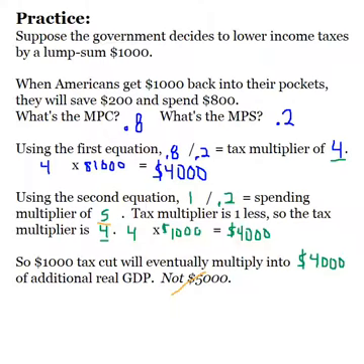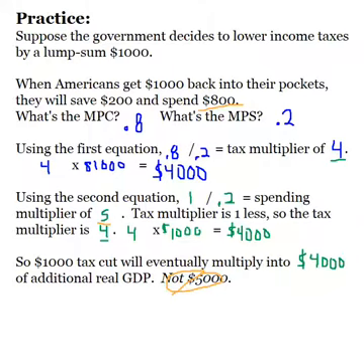But no, it is not $5,000 because taxes don't multiply as far as government spending. In round 1, all that money didn't get spent. Technically, their first spending was $800 that they spent. So you could also look at it in terms of their first round of spending, 800 times the spending multiplier, because 800 times 5 will also give you $4,000.